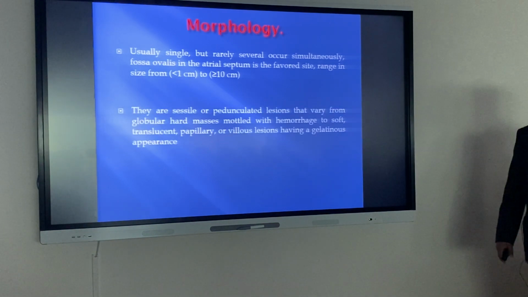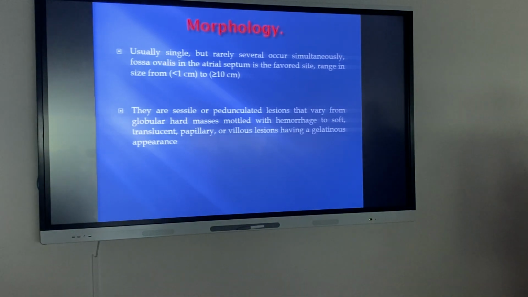They may be sessile. What do you mean by sessile? Just raised; it doesn't move. Pedunculated means having a stalk and a rounded ball, so it can move.